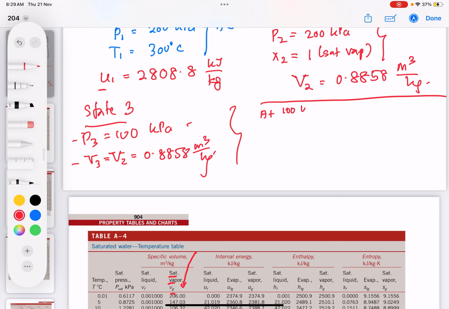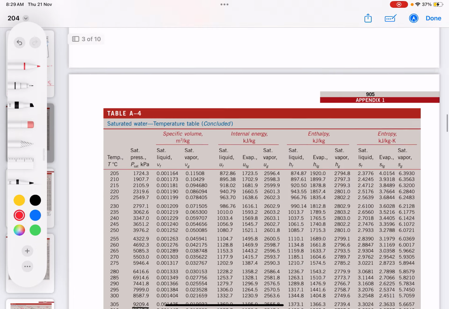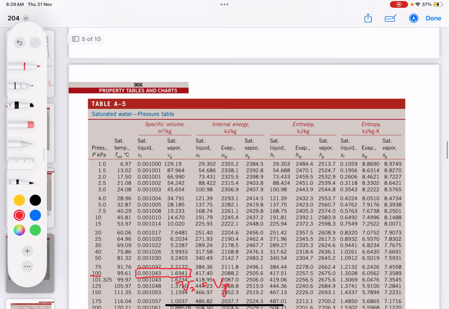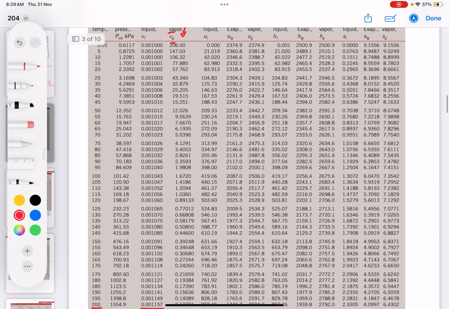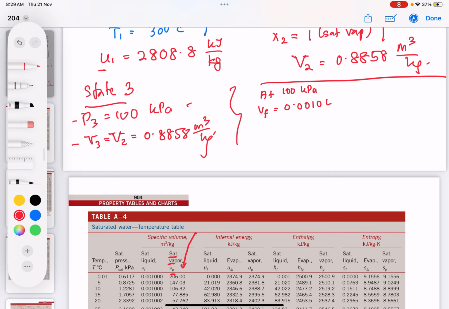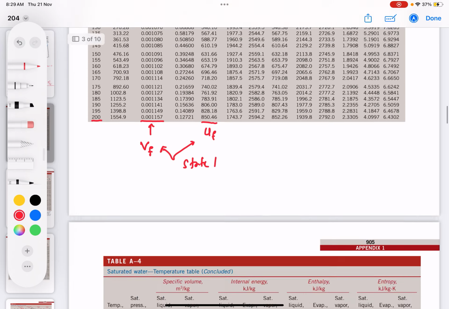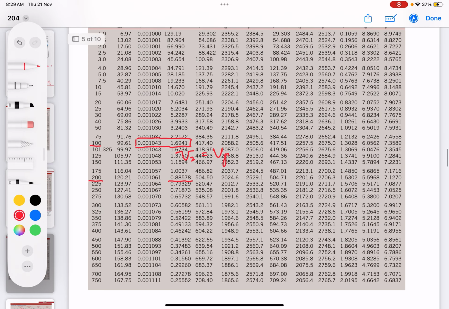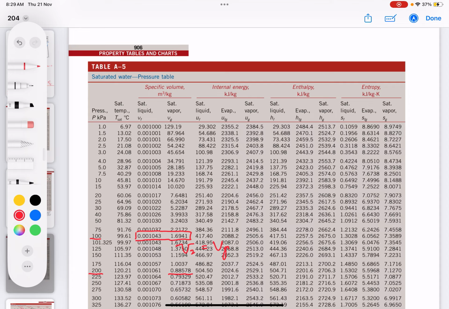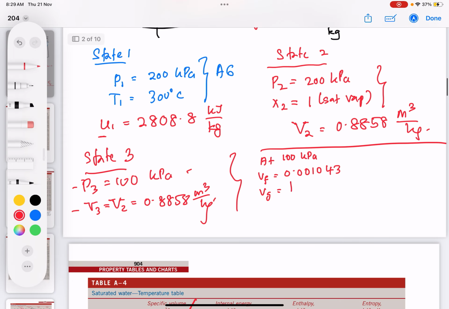At 100 kilopascal, my Vf is equal to 0.001043, and my Vg is equal to 1.6941.